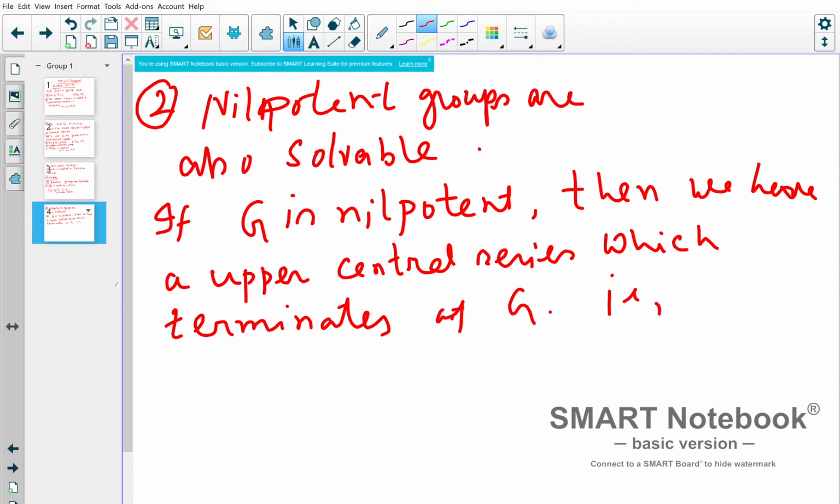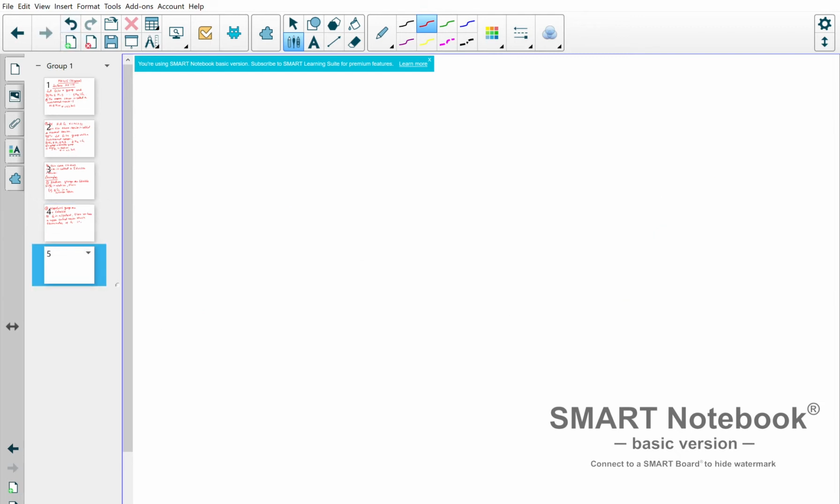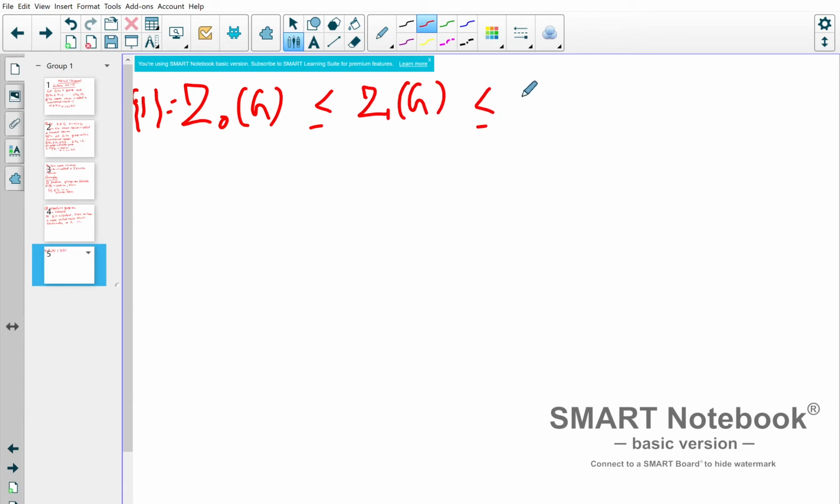So we have Z0(G), which is the identity, then the first center, then the second center, and so on, and after some time we have Zk(G), which is equal to G. This is the meaning of a nilpotent group.